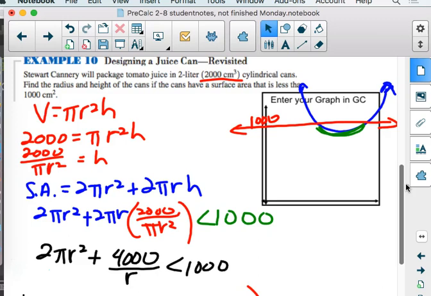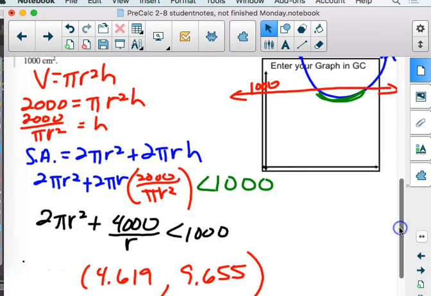Yeah, we'd go ahead and plop these in. Good catch, Chance. So we'd have 2,000 divided by, parentheses, pi times 4.619 squared. Yes. Right. 29.839.